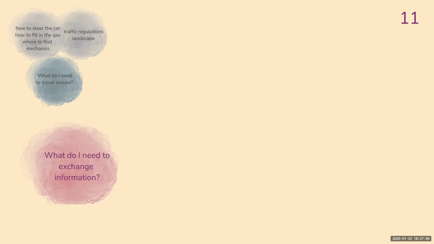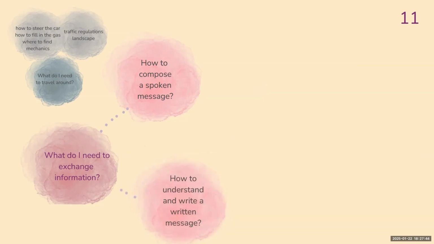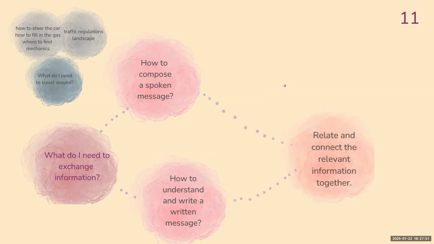We need to ask ourselves, what do I need in order to exchange information? And to exchange information, what do I need to compose a spoken language, and what do I need to understand and write a message? In both situations, we need to know how to relate and connect the relevant information together.